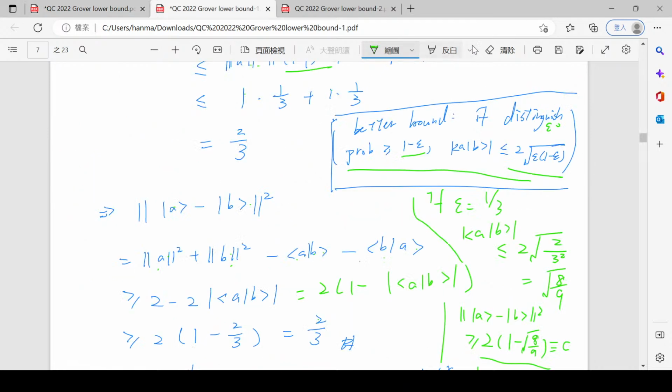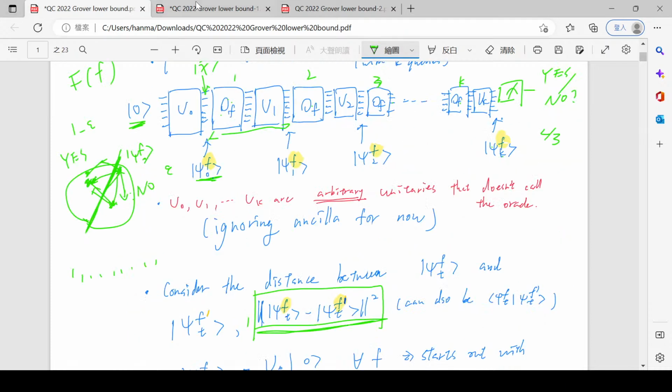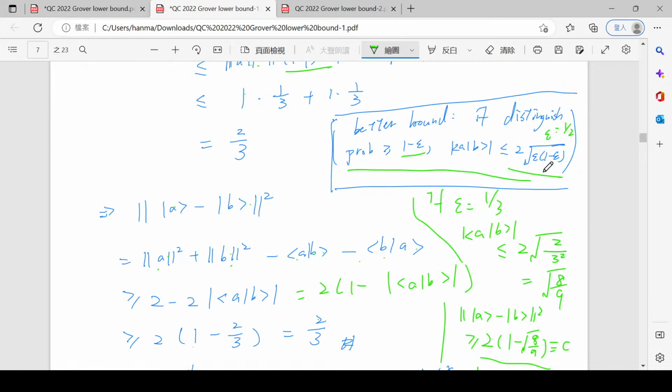And if epsilon equals, say, 1/2, then basically you are doing no distinguishment, because it's half probability and half probability. This should be a trivial upper bound, and indeed that's 2 square root 1/4, so this bound becomes 1, and you have no bound on the inner product at all. And it's actually a tight bound.